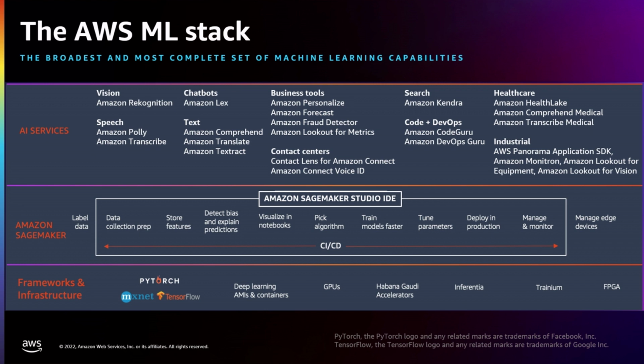The great thing about AWS is that we have a wide number of services to cater to different classes of customers. This slide is something that you've probably seen before, but if you take a step back and look at the ML capabilities on AWS, we cater to 3 different classes of customers, and all of these classes exist within Amazon.com. The first class is those individuals or teams that want to embed AI capabilities into their applications, but don't want to get into the business of AI as far as training models, the data science, and so forth.